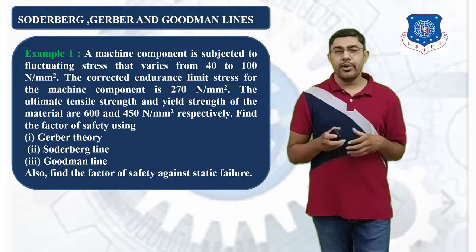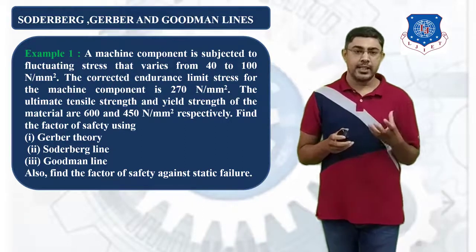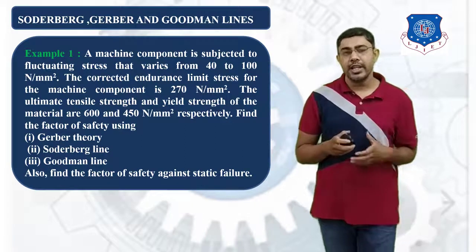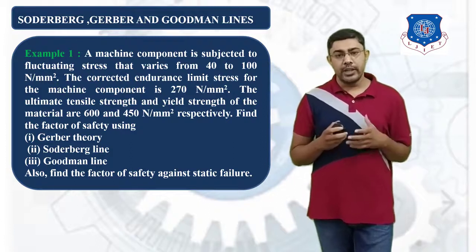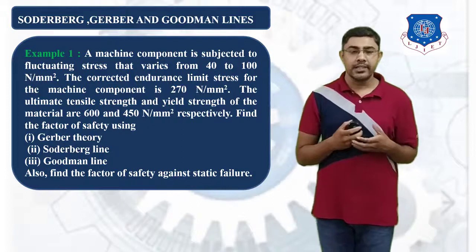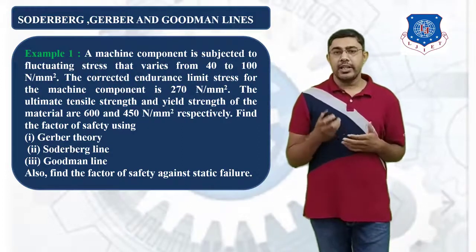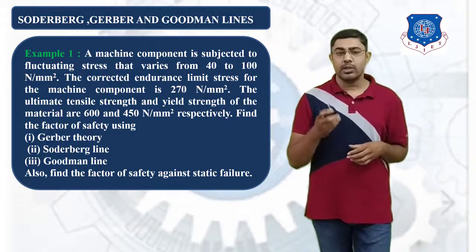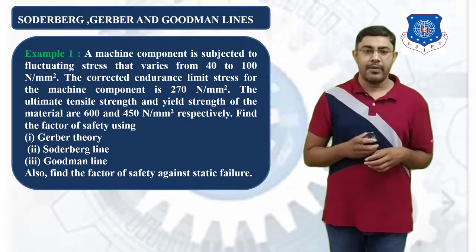The corrected endurance limit stress for the machine component is 270 Newton per mm square. Here the corrected endurance limit is directly given, so that is nothing but the AC, 270 Newton per mm square.